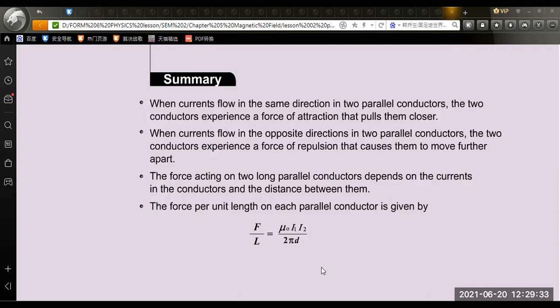F over L equals mu naught times I1 I2 over 2 pi d. That is the magnitude of the attractive force or the magnitude of the repulsive force.